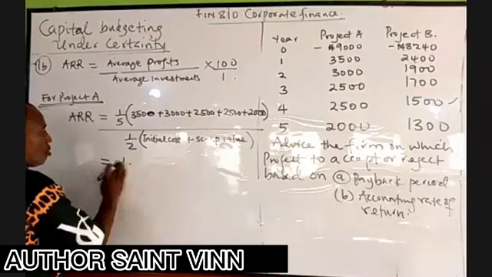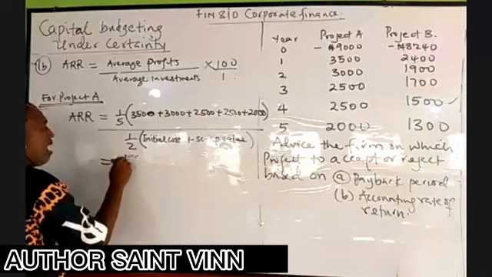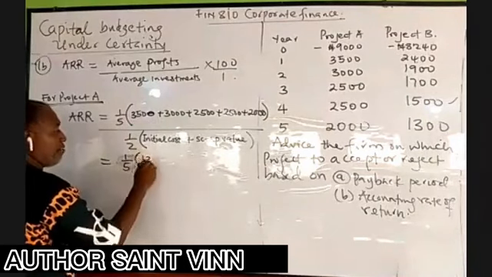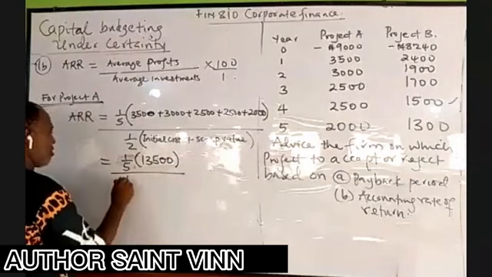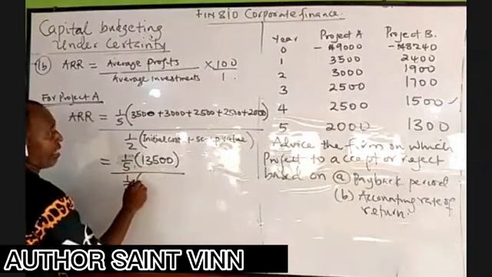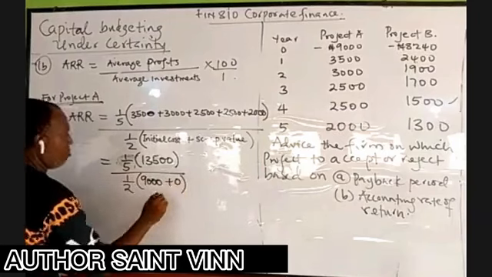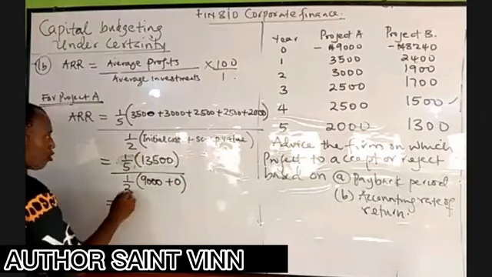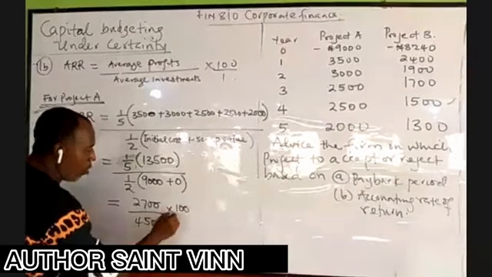Numerator is what? No rush. What is inside it? It is 13.5, right? The initial cost is 9,000 plus 0, so this one is 27. Over 4.5, times 100 over 1.